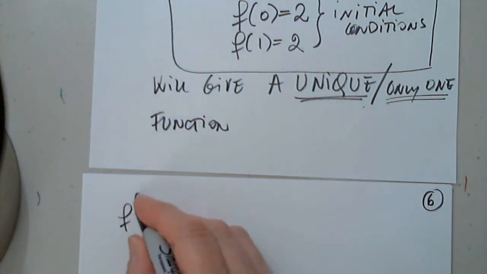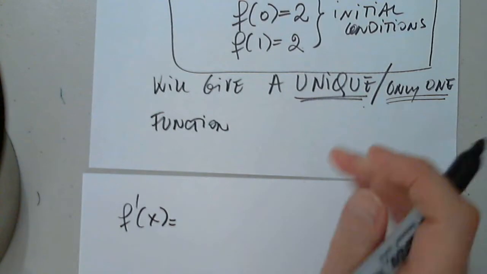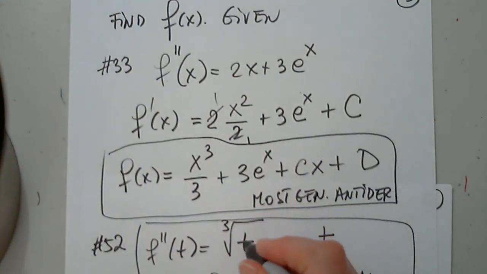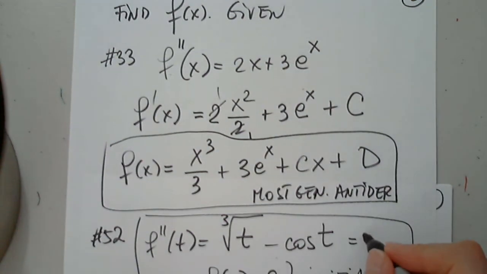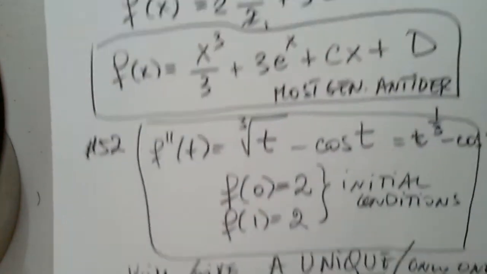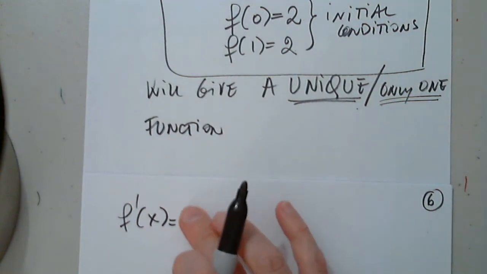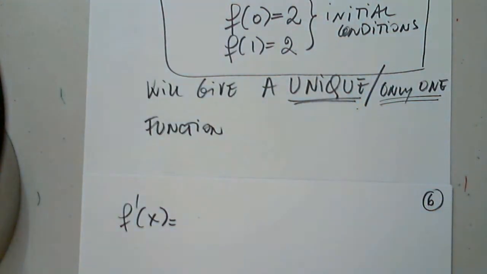So let's find the first derivative. And yes, I will change this into t to 1/3 minus cosine t. So then, what function prime is t to 1/3?